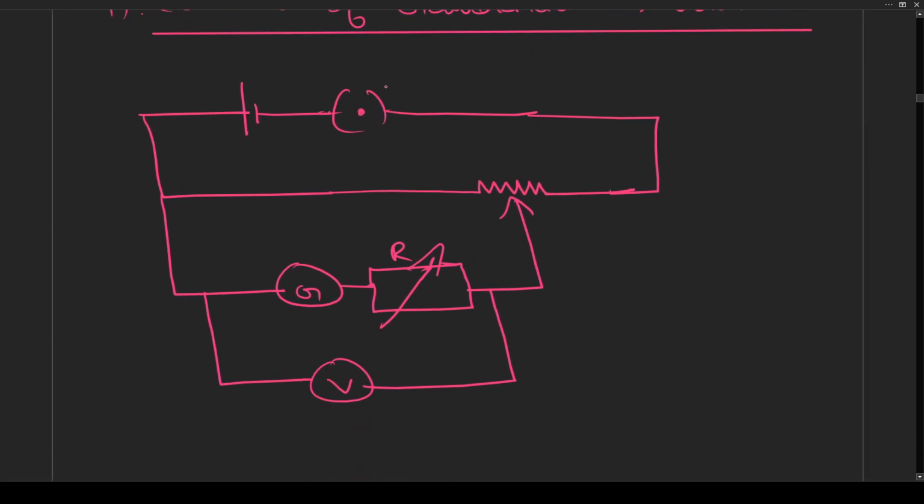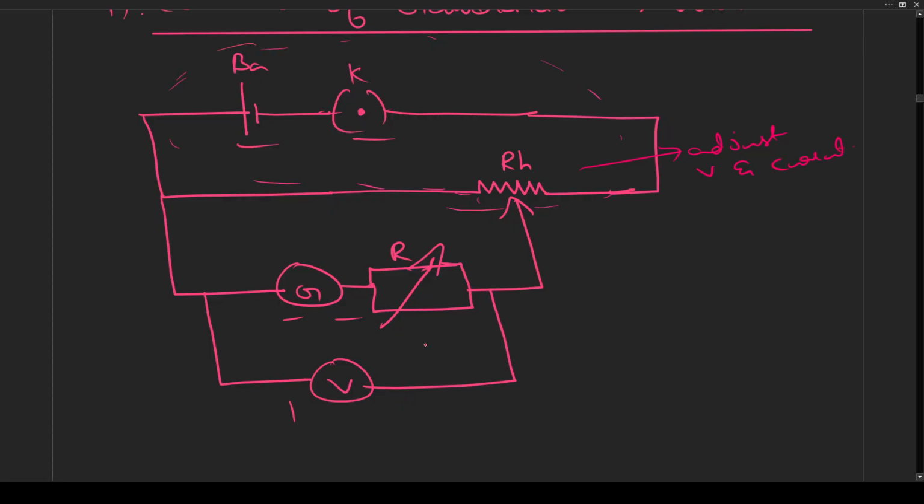Okay, let's understand the circuit here, why we are using this, why it needs to be like this. First of all, the battery and switch are very common, nothing to be explained there. As I explained before, this whole battery, switch and rheostat is used to adjust the voltage and current in a circuit.